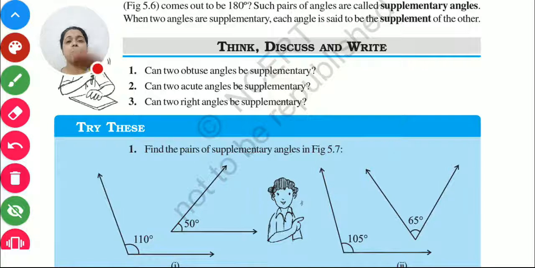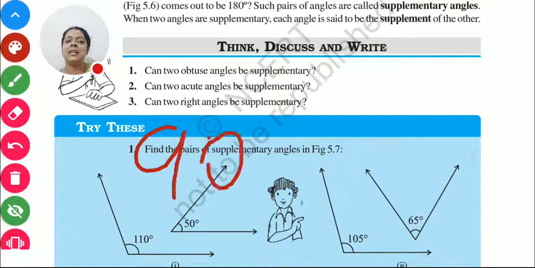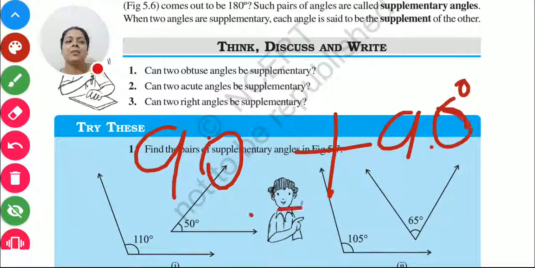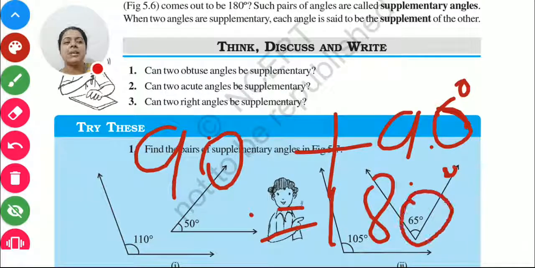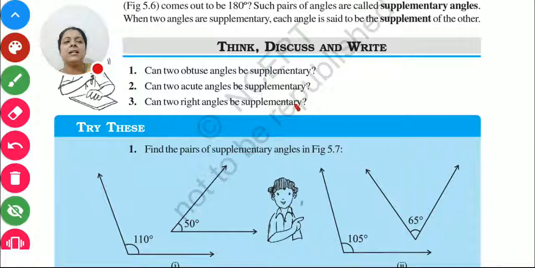Remember. So what makes a supplementary angle? Two right angles? Yes, undoubtedly. We take one right angle here, another right angle here, and we make 180 degree. So the third one is the correct answer: yes, two right angles can form a supplementary angle.